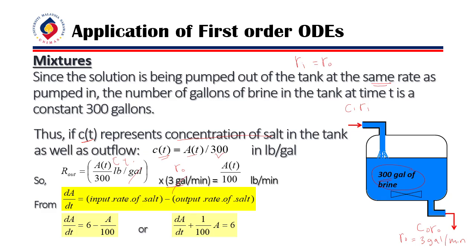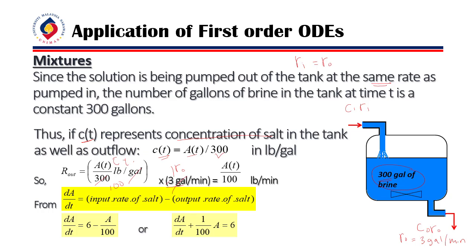What you get is 300 over 3, and this one is 100. So you get R out is equal to A(t) over 100 pounds per minute.